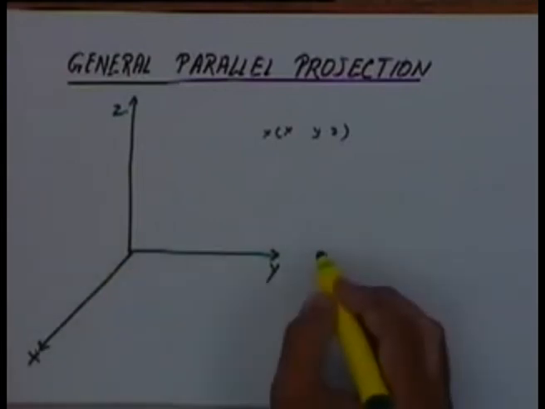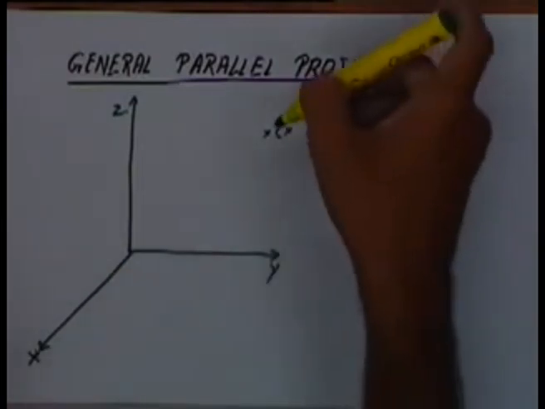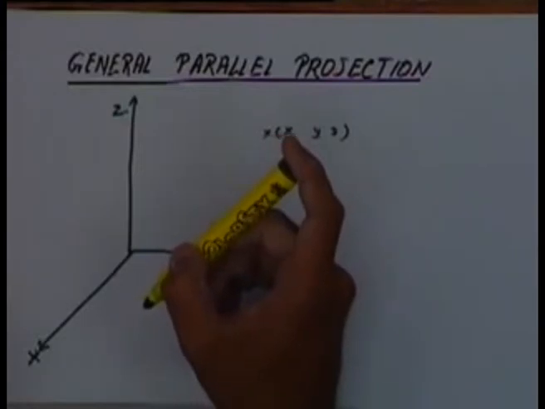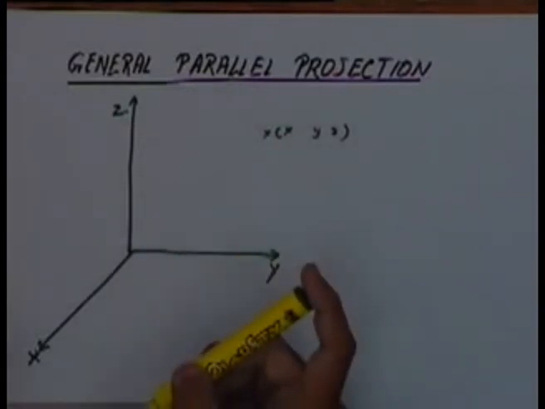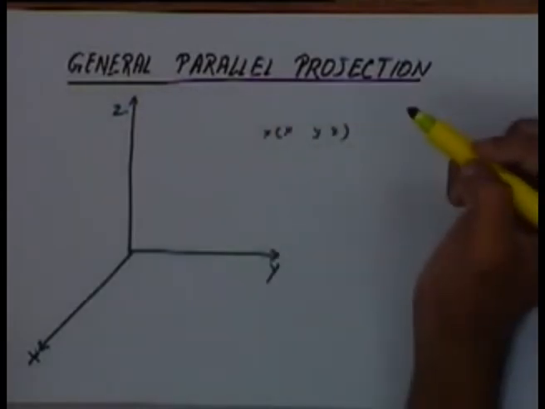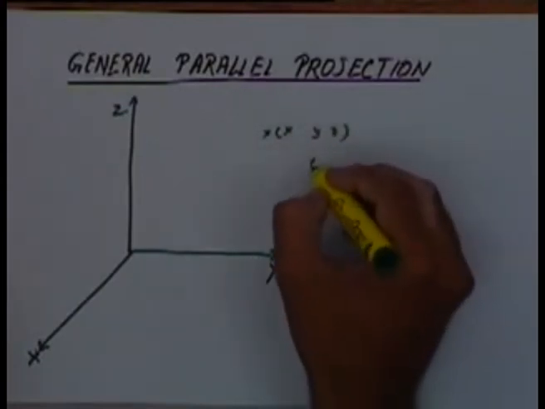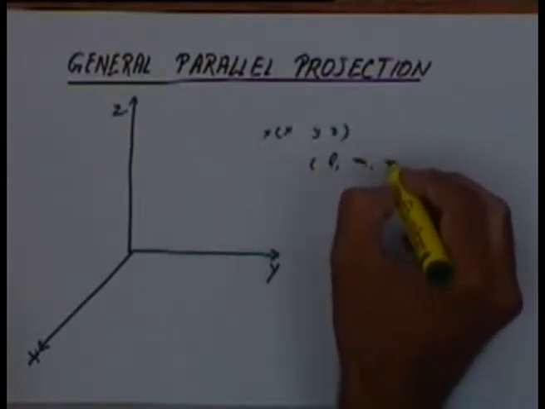This is the xy plane, but now our projecting direction is not perpendicular to the projecting plane. I am talking about general parallel projection, not necessarily an orthographic projection. So a projecting direction is a direction given by LMN.